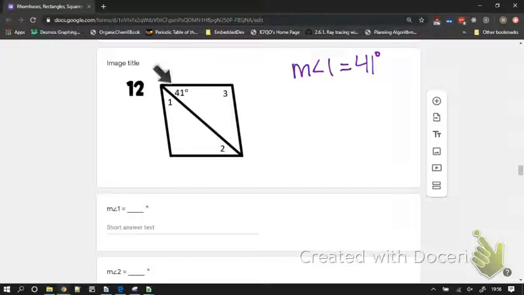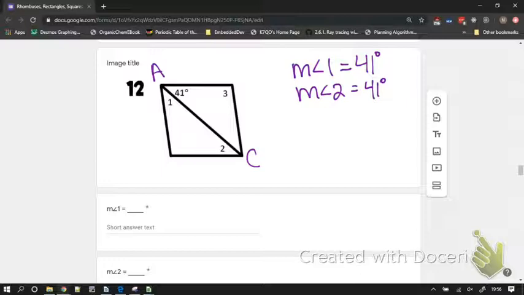So if this whole angle up here, I'll label this angle A, this one angle C. These angles, A and C, are congruent because they're opposite angles in a parallelogram. So that means when we have that diagonal drawn in to bisect them, the bisected angles are also going to be congruent. So the measure of angle 2 is also 41 degrees.